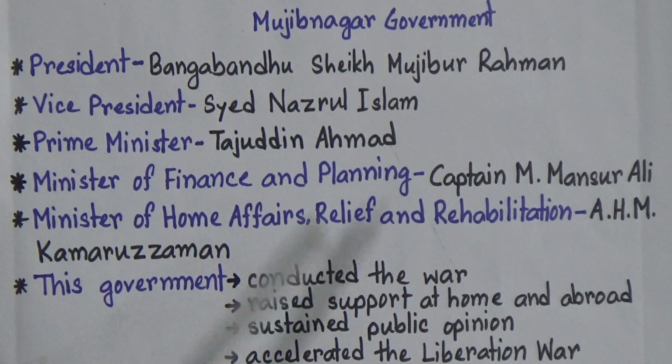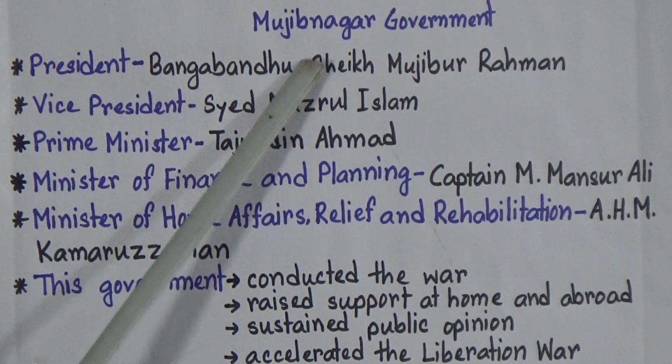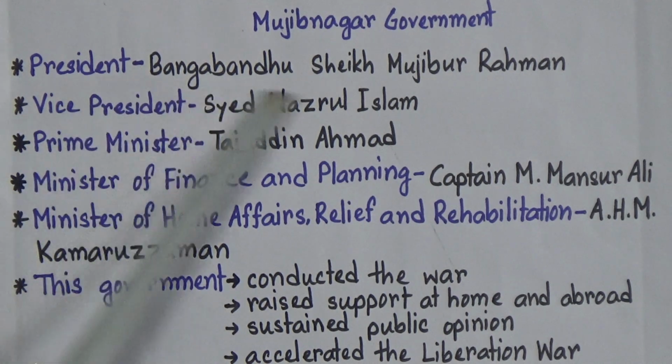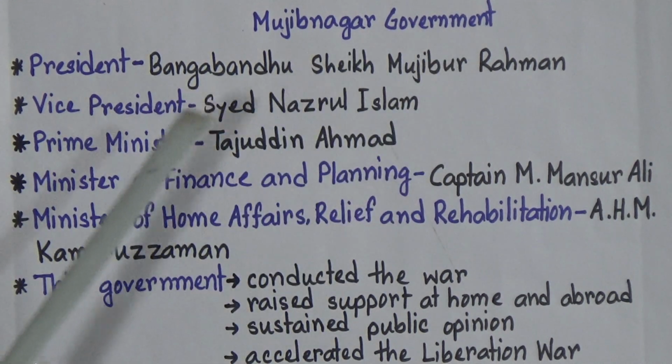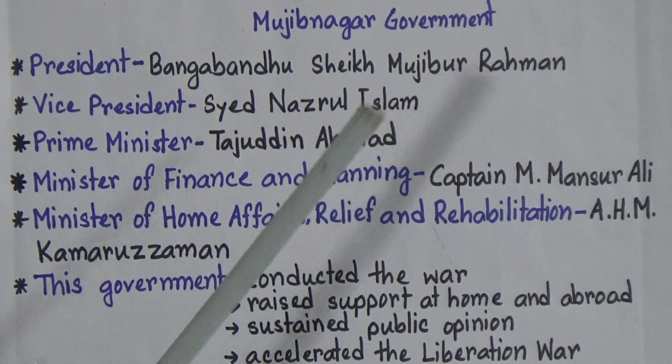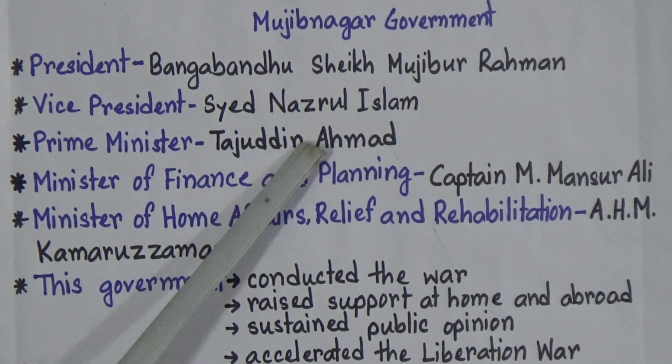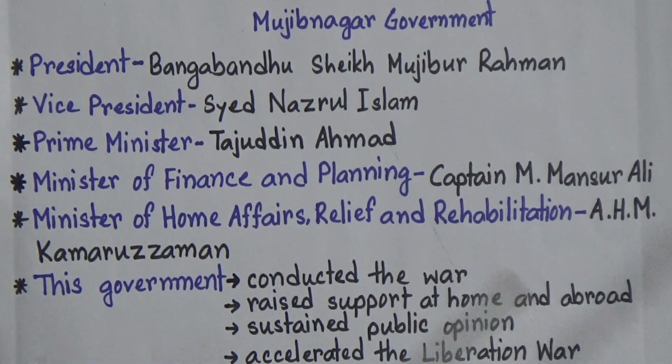So those are the important members of this government. Bangabandhu Sheikh Mujibur Rahman was the president, the vice president was Nazrul Islam, and Tajuddin Ahmad was the prime minister of this government. So why did they form this government?